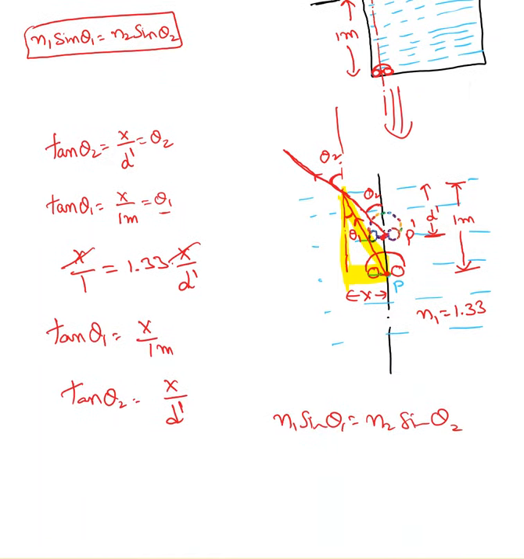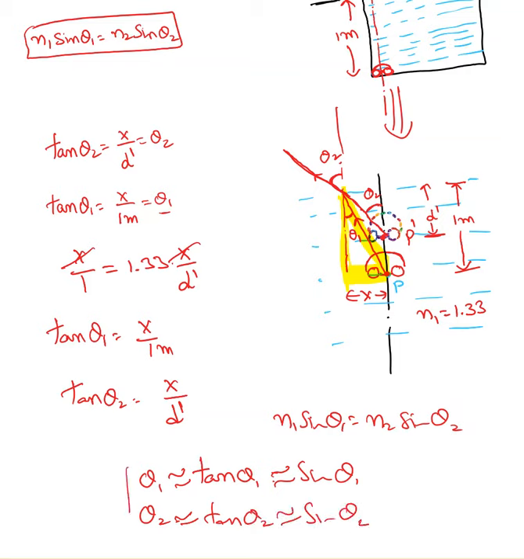For small angles, tan theta is approximately equal to sine theta, for theta 1 and the same with theta 2. I'm going to make that note here: when theta is very small.